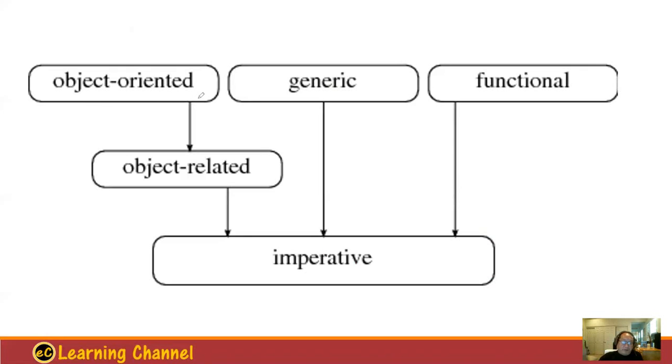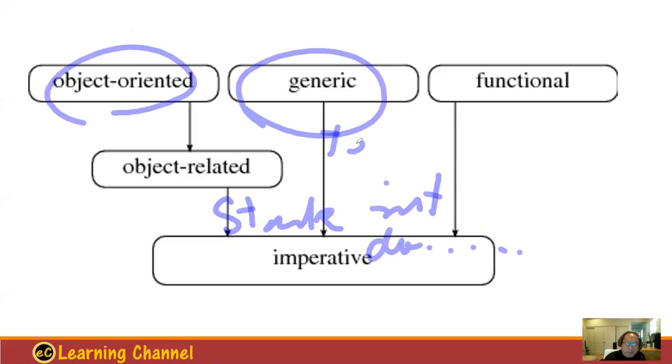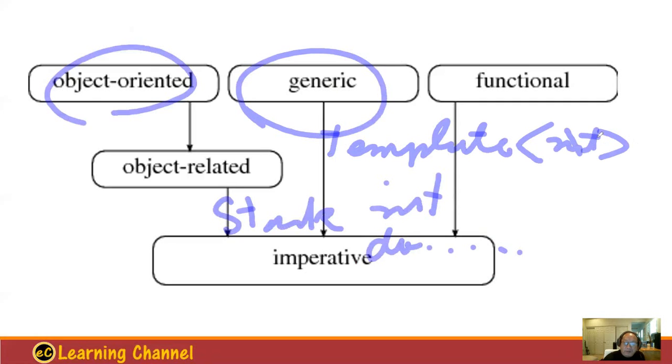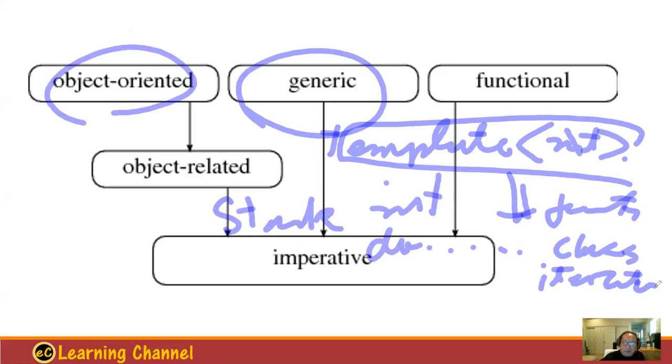But object-oriented programming has some drawbacks. Say I have a stack, but I need to have a stack of the integer type, of the double type, of different types. So later they invented the generic, or in C++ you call it template. With the template, you can develop a generic function, generic class, and generic iterator, three generic things.